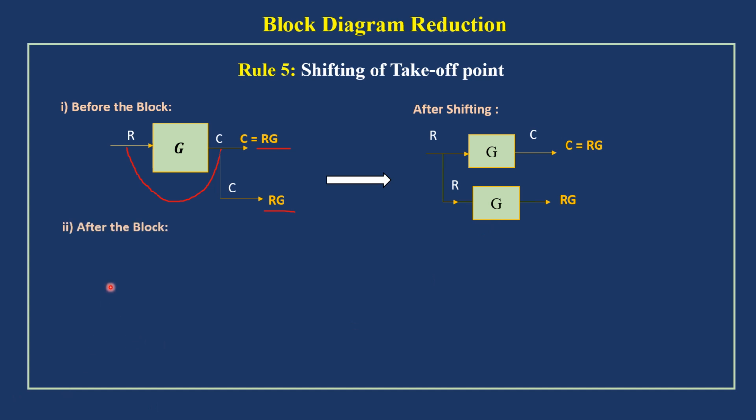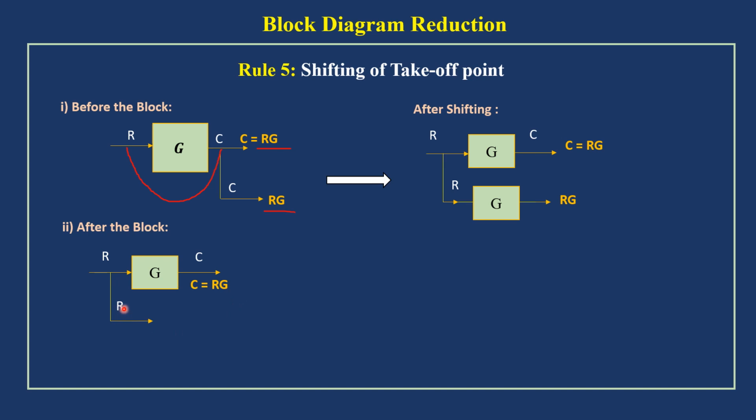Next is shifting the takeoff point after the block. Here before the block R is given as input, and we will find the takeoff point output. The takeoff point is taken out from the input signal flow, so here also R will be flowing, and the output signal flow is represented as C, which is nothing but RG.